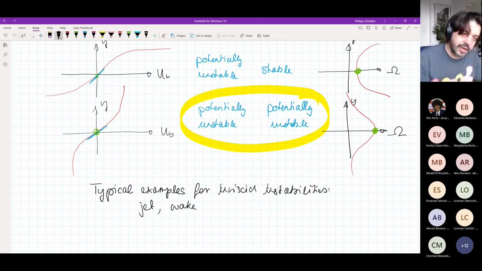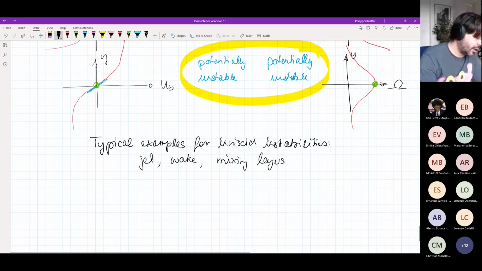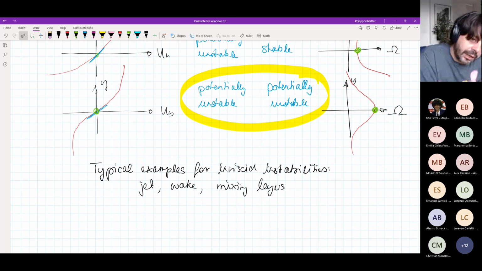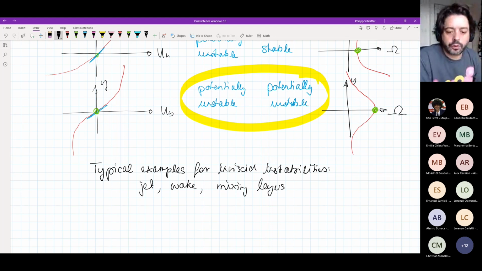Wake flows, which is kind of the same, just inverted, but also mixing layers, where you have two fluids with two different speeds next to each other. These are typical examples which allow for inviscid linear instabilities, because they're unstable both when it comes to Rayleigh, but also when it comes to the Fjortoft criteria.